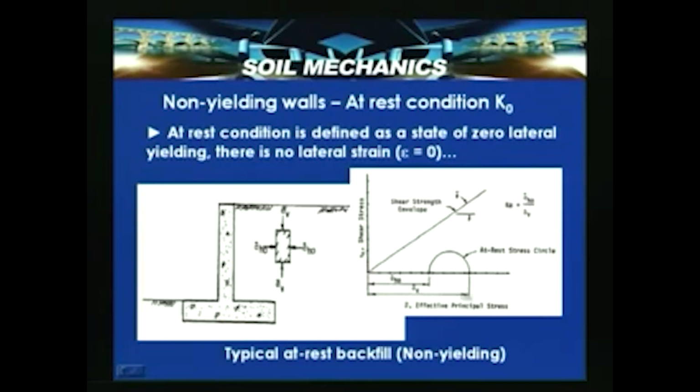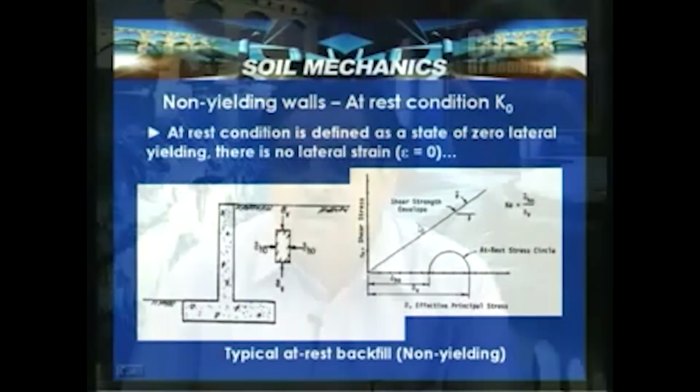So, K naught is nothing but sigma h naught by sigma v, which is the coefficient of earth pressure at rest. If this happens to be the shear strength envelope, which is the failure envelope, it indicates that the circle is stable and yet to attain any failure. So, we can say that it is a stable equilibrium condition, and that is why we say that the at rest condition remains in the elastic equilibrium condition.